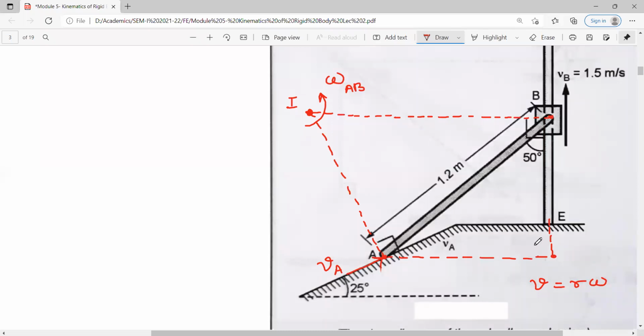This horizontal and vertical line make 90 degrees. So consider this triangle, say A, B, and say this point is point C. From triangle ABC, one can say that the angle between the rod and the horizontal surface is 40 degrees.